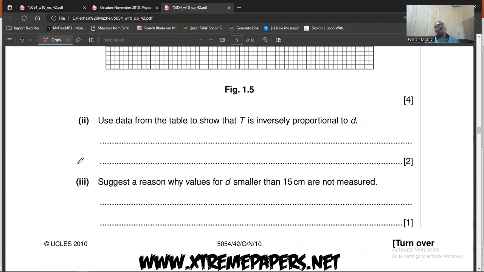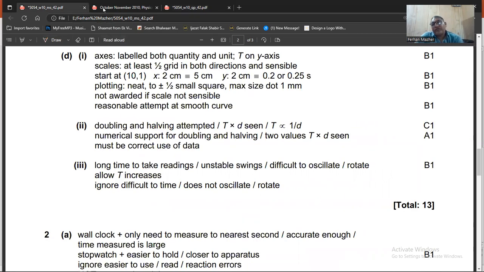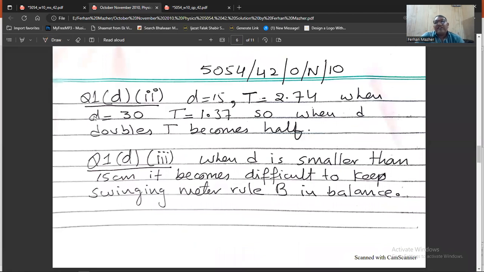If you make the D less than 15 centimeters, when you swing the meter rule B, it will not be very stable. When D is smaller than 15 centimeters, it becomes difficult to keep swinging meter rule B in balance.